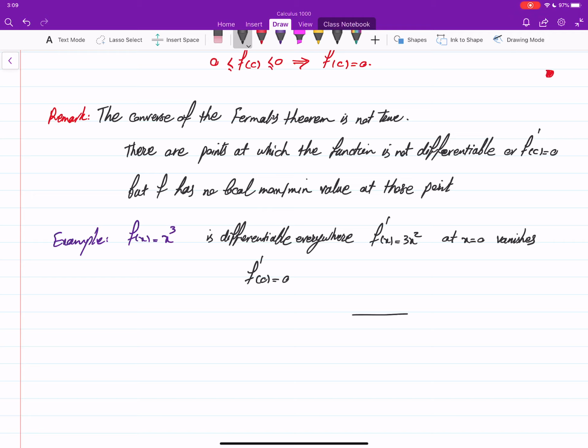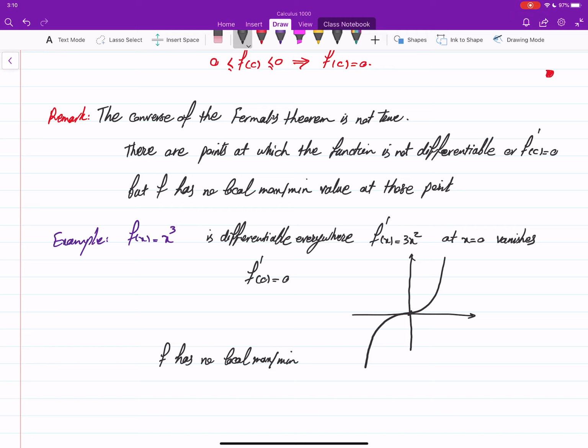But we did this example in another video: the function f of x equal to x cubed doesn't have any local max or min. So f has no local max or min at all, and at 0 in particular.